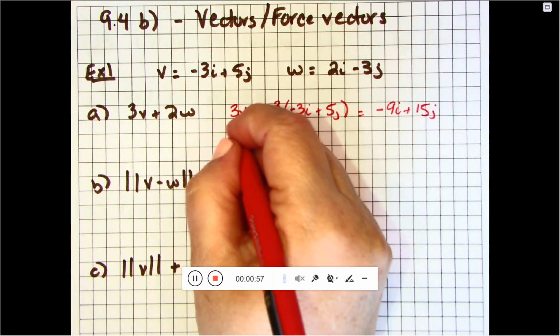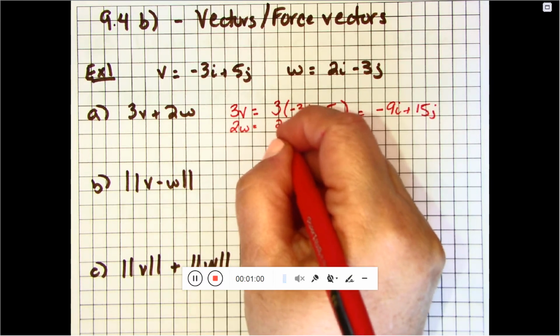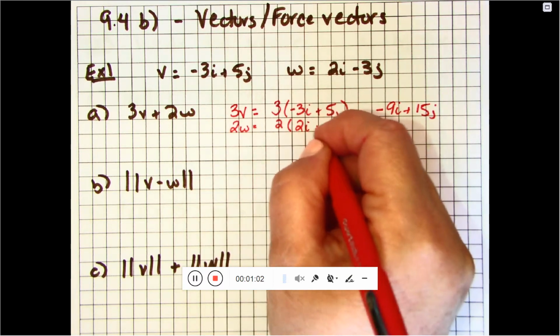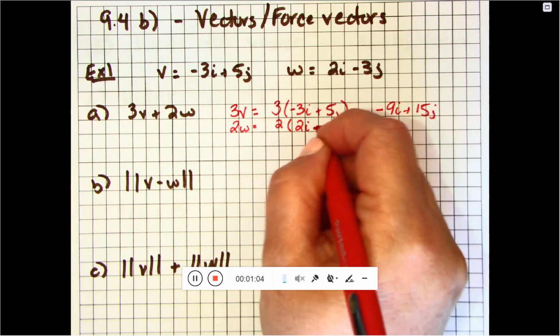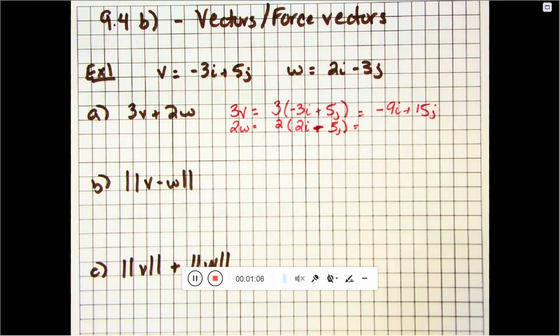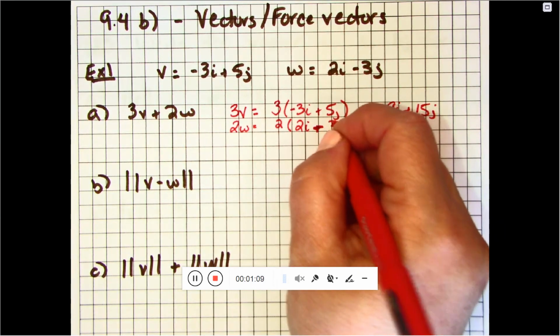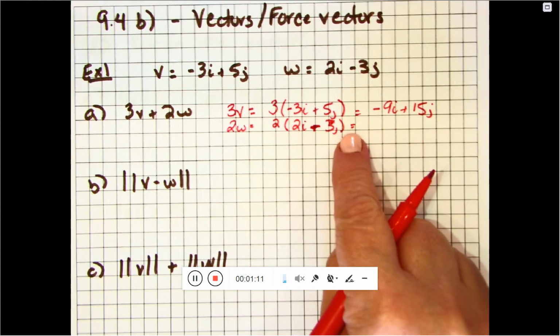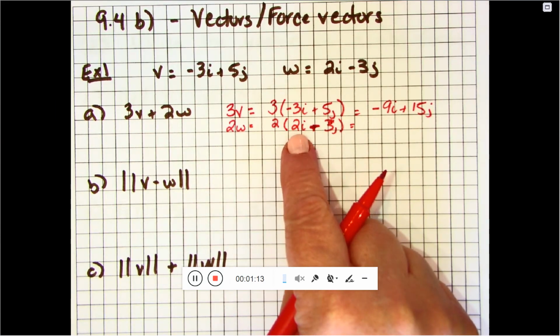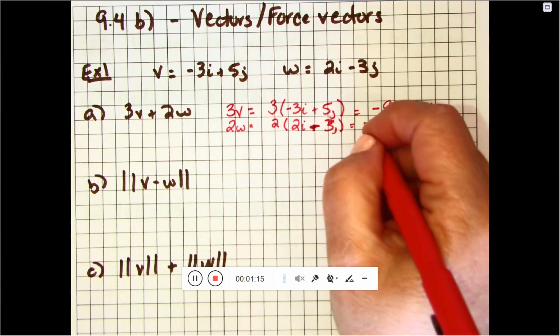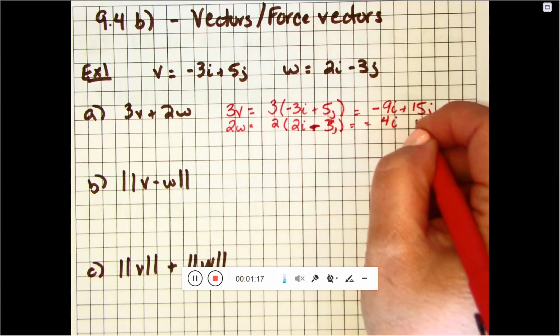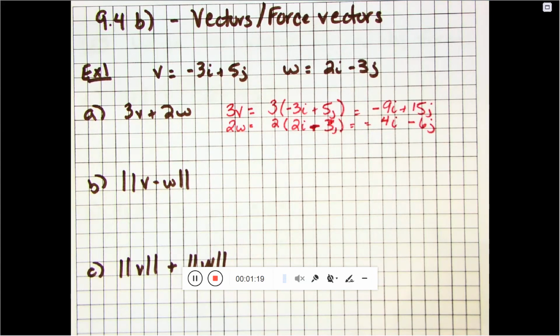And then 2w would be twice vector w. So I just simply take twice the horizontal component, twice the vertical component. That would be 4i minus 6j.